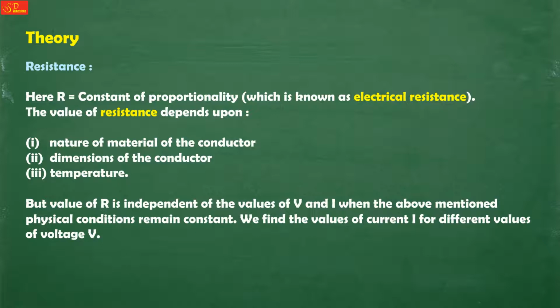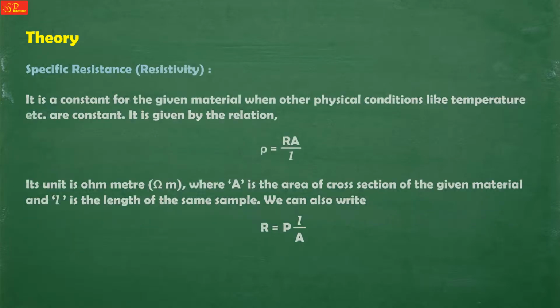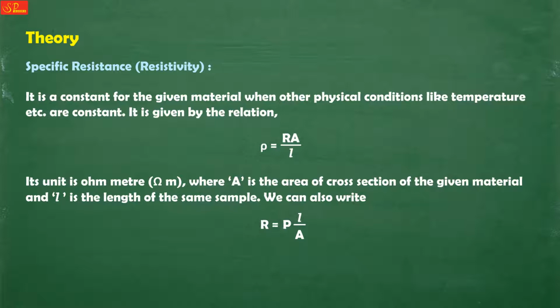When the above mentioned physical conditions remain constant, we find the values of current I for different values of voltage V. Specific resistance, resistivity: it is a constant for the given material when other physical conditions like temperature, etc. are constant.